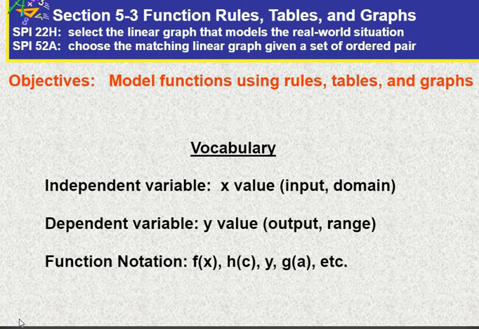And then I have the y values, where y is a variable that is dependent. It means that it is affected by, or changing as, x changes. It's a function rule of x, and I can call it the output. And I can name more than one value of y the range.